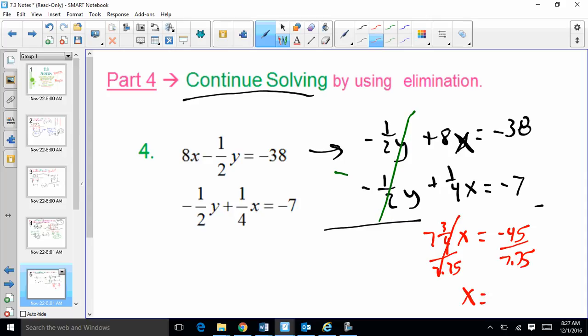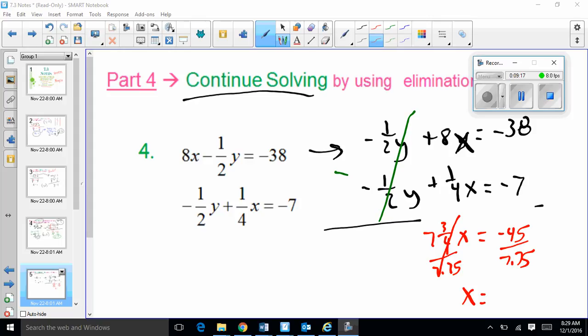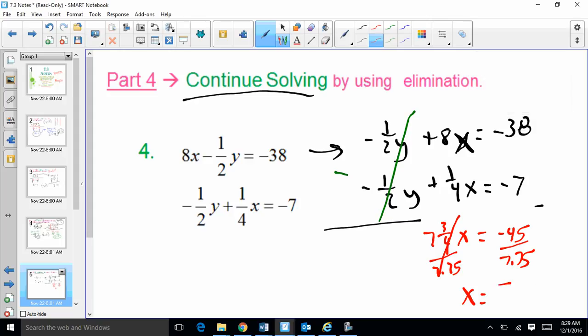So x in this case, if I do 45 divided by, come on, you can. So now when I divide that out, I get something approximately 5.8 or 5.81. At this point, I'm going to say this isn't a great example. And so I'm going to be like, we're done with this problem. I don't like it. Let's keep going.